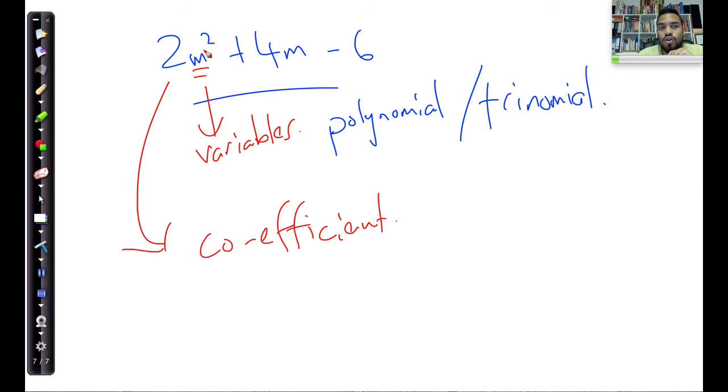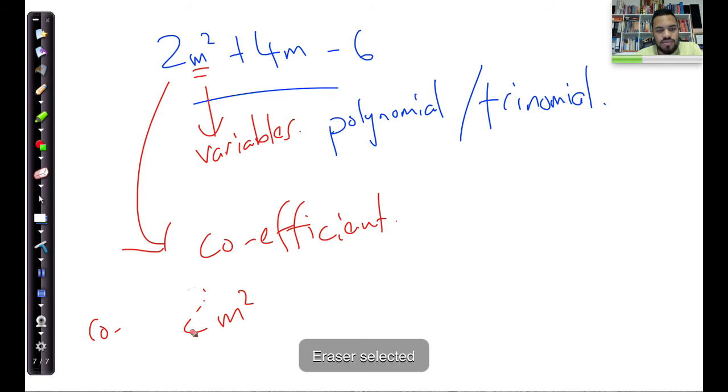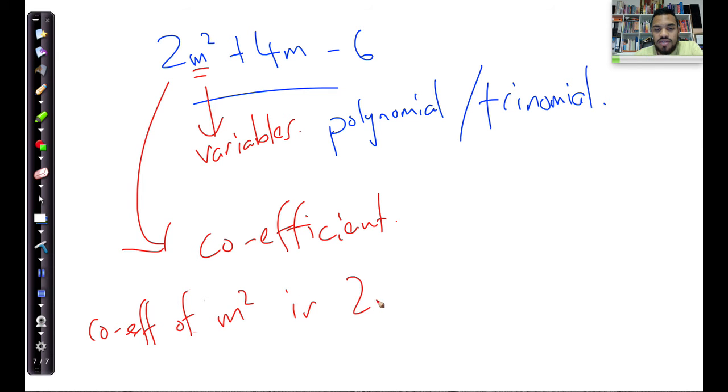So the coefficient of m squared in 2m squared is 2.